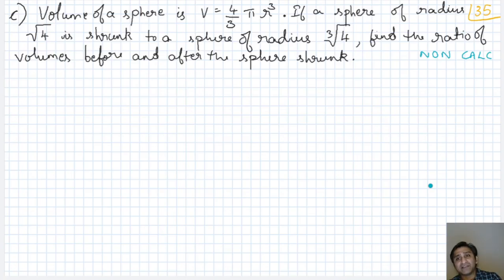Then they are asking you to find the ratio of the volumes before and after the sphere shrunk. You calculate the volume of the sphere before you took it to the bottom of the ocean, and then you calculate the volume after you have taken the sphere to the bottom of the ocean, at which point it would have shrunk.